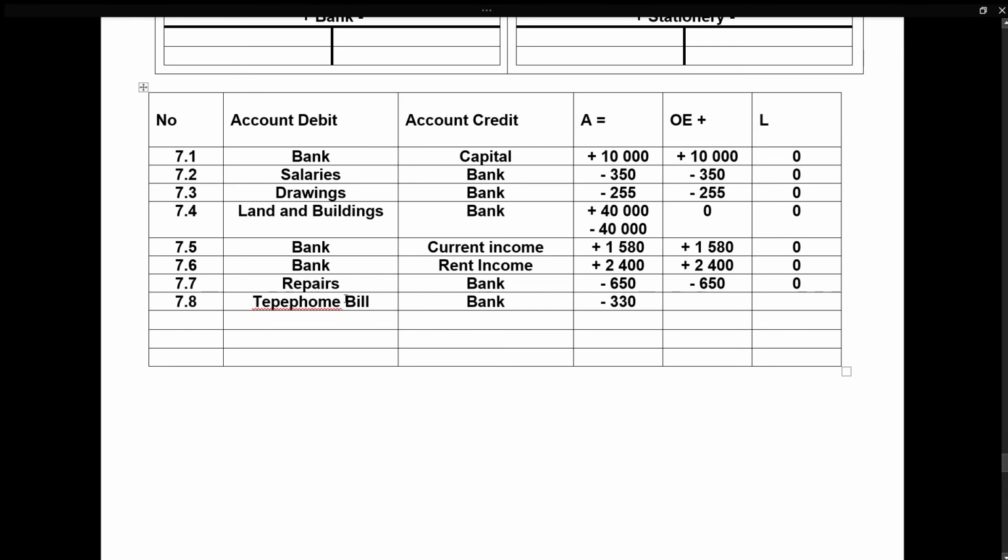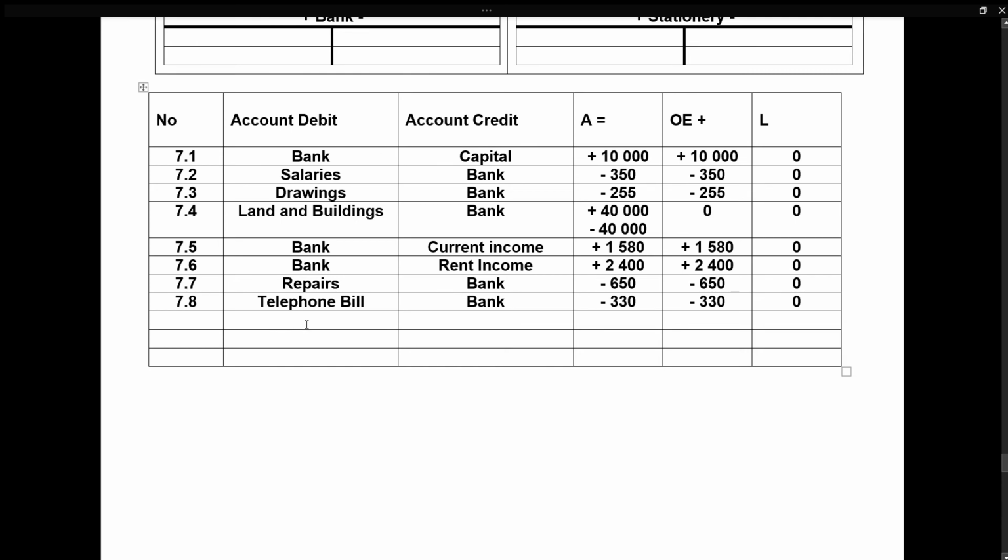Right, and telephone is an expense account, therefore we know it will have a negative influence on your owner's equity. Liabilities, we did not work with liabilities, therefore minus 330 Rand will equal minus 330 Rand plus 0. We have done this one correctly as well.